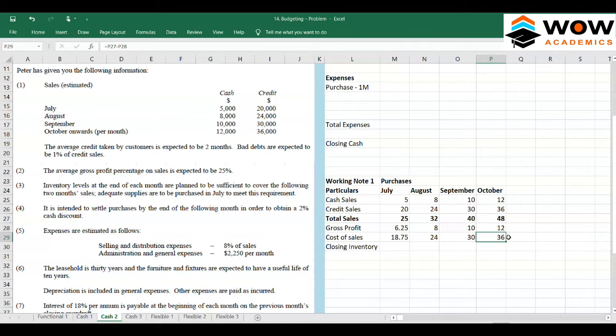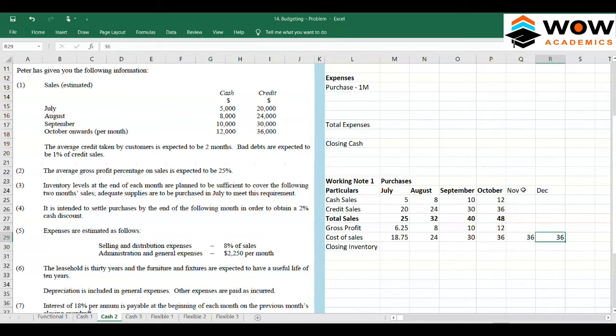See, the business is going to be continued, so inventory would be the same amount. So that's what he says. October onwards, it will be the same amount. So if you take November as well as December, the same numbers will get repeated. So it will be 36 of cost of sales that would have to be made. So we'll work out in reverse.